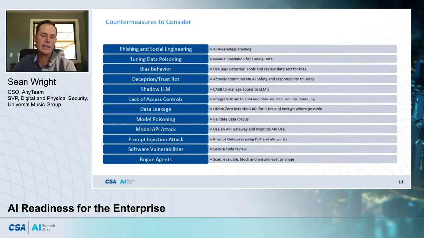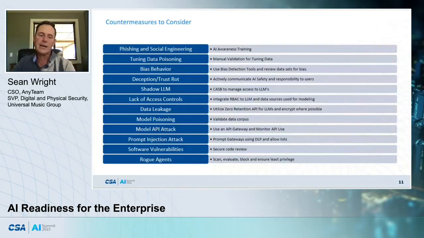Model API attacks. This is, I think, a huge problem and a huge threat because, as everyone is well aware, most of our environments are built on API frameworks. A lot of the integration that we have throughout our entire supply chain is based on API frameworks.